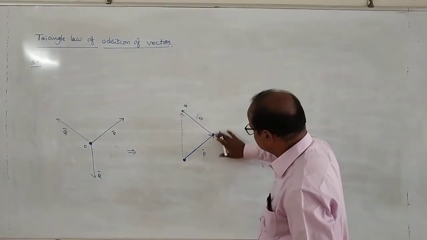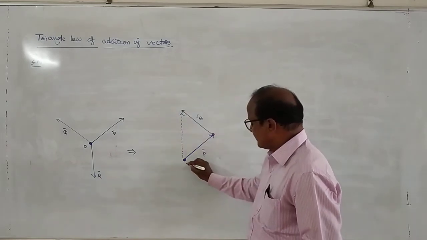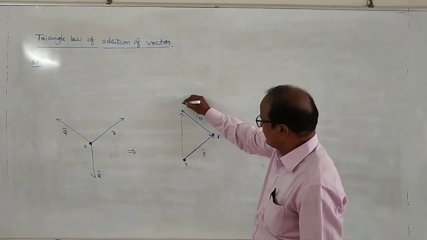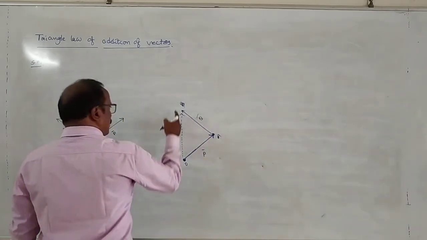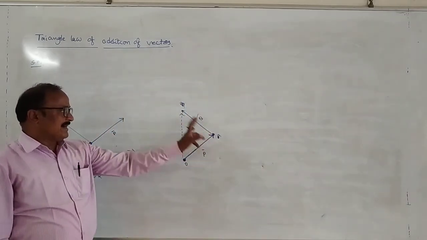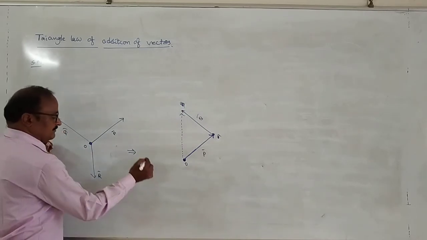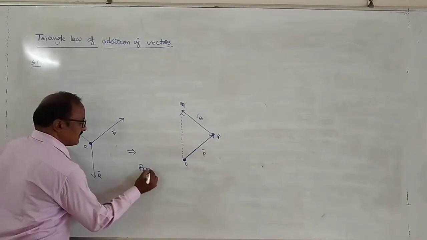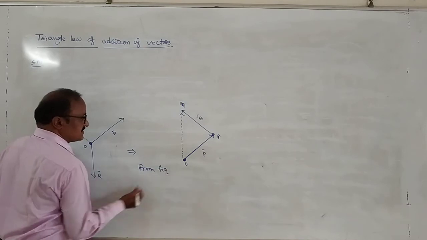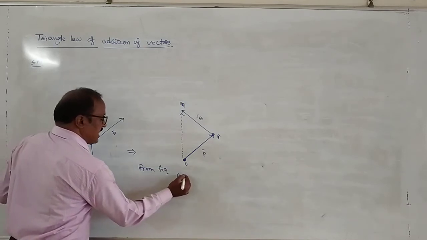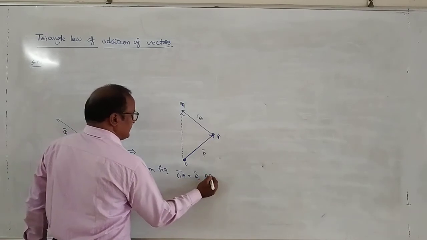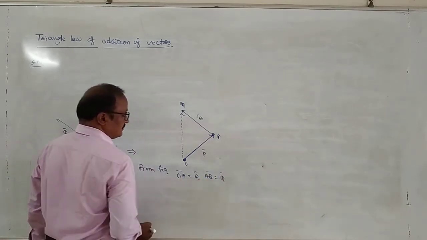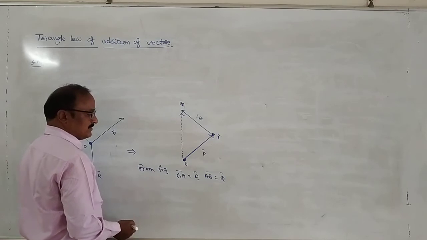So this OB bar is equal to the resultant of OA bar and AB bar. So from the figure, OA bar is equal to P bar, and AB bar is equal to Q bar.